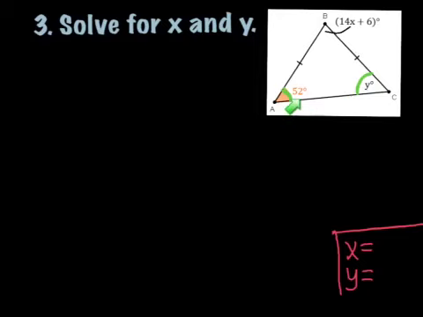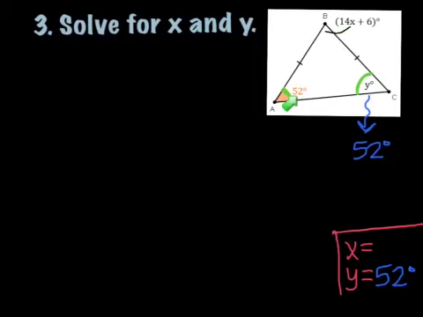So that makes it kind of easy to figure out what y is. So y has to be 52 degrees. So y is 52 degrees. Okay, well, now we have to think back to what we did in the previous set of notes to get x.